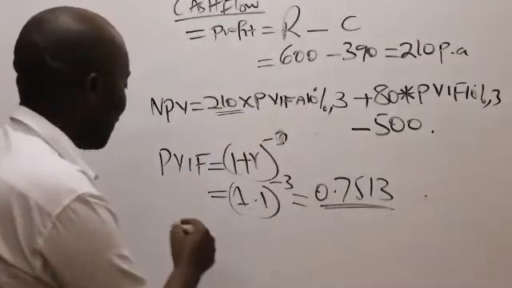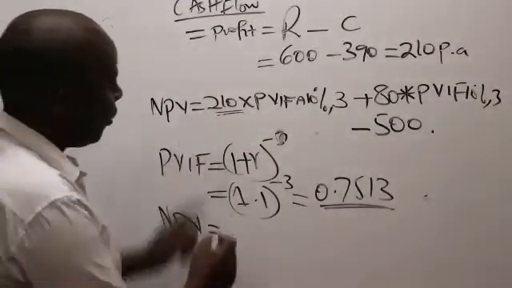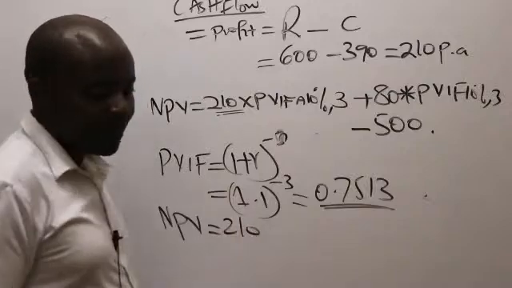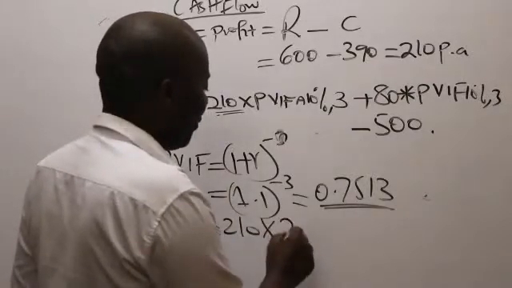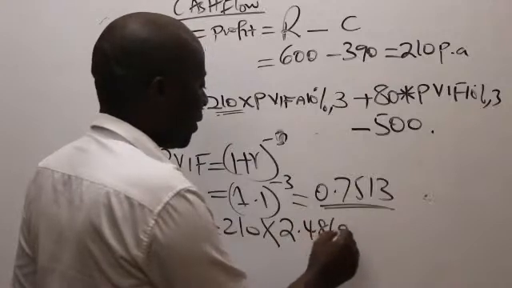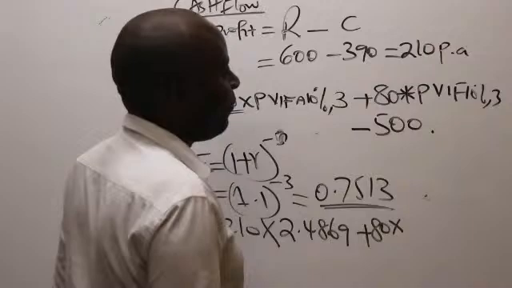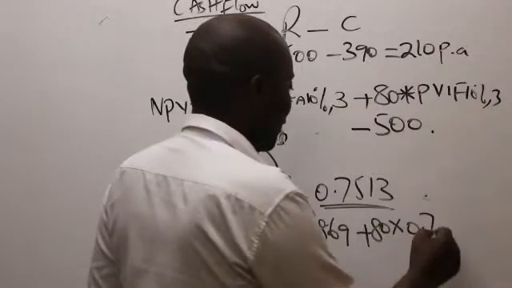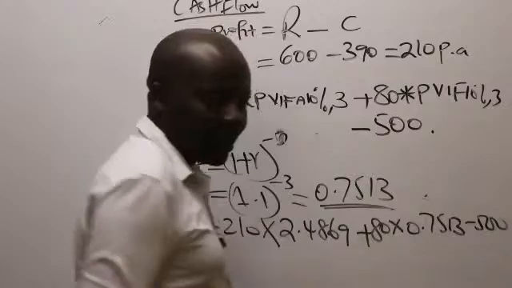Now after that, let's plug in the figures and get the net present value. The net present value will be 210 times PVFA, which you gave me as 2.4869, plus 80 times PVF, which is 0.7513, minus 500.